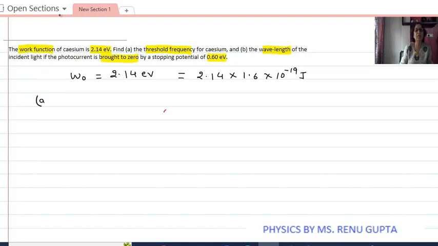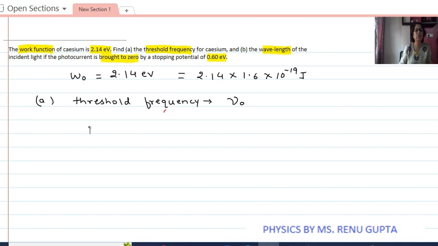Now in part A, we have to find out the threshold frequency. What do you mean by threshold frequency? The threshold frequency is the minimum frequency which is required to eject the electron, and it is denoted by nu 0.